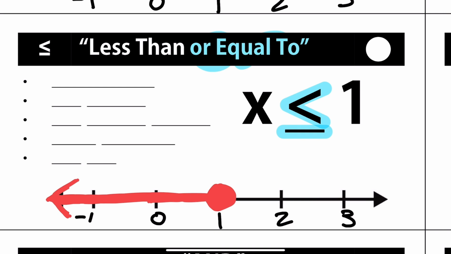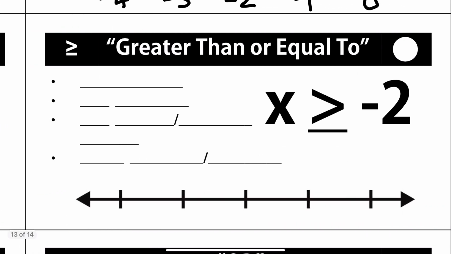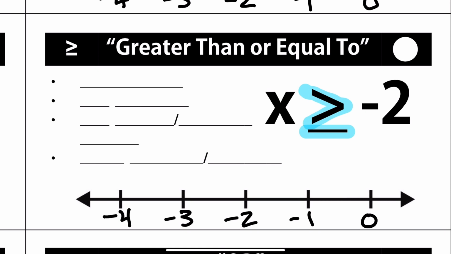Let's take a look at greater than or equal to. Surprise, surprise, it's going to be very similar. So we have our greater than or equal to here. Once again, we have a filled in circle at the top there. And once again, we're going to start out with the number that they gave us in our number line. We're going to go with the smaller numbers on the left side, bigger numbers on the right side, and then go in with our circle.